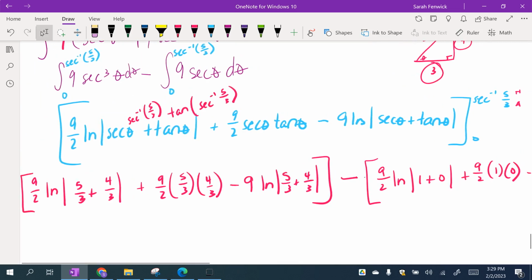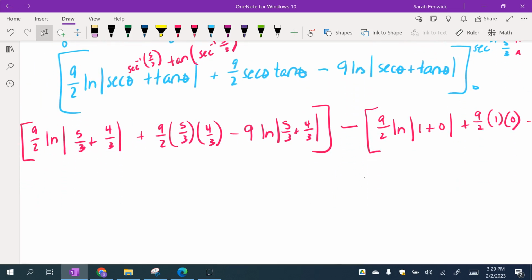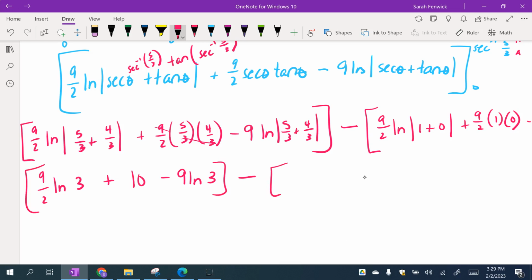All right. 5/3 plus 4/3 is 9/3, which is just 3. So I have 9 over 2 ln 3 plus, multiplying all of this out, that cancels here. That's 20 over 2, which is 10, minus 9 ln 3, minus 9/2. ln 1 is 0.